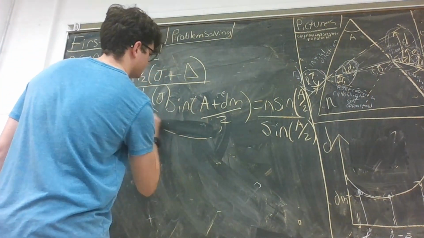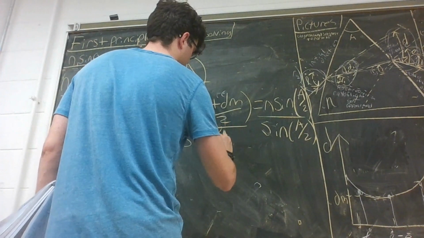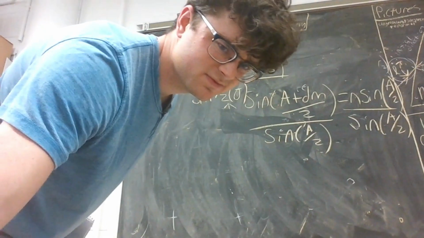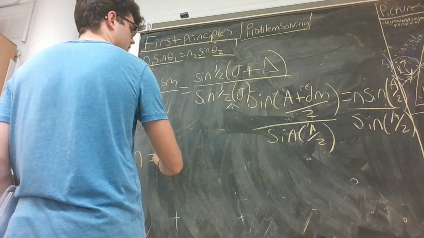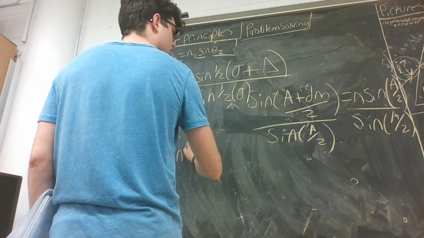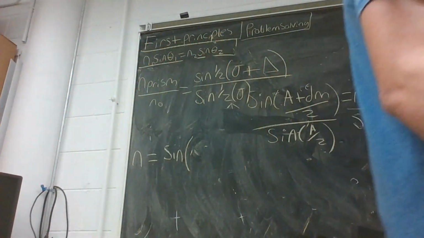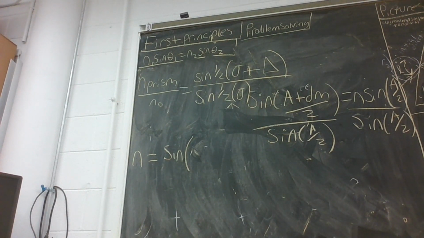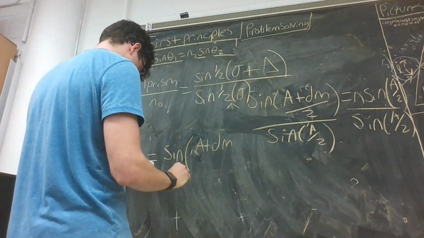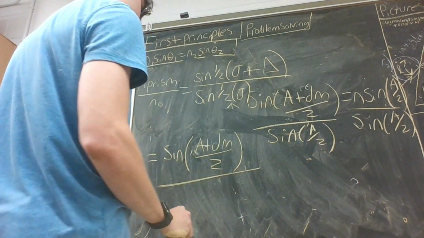So erase this. And then after we do that, it's going to be n equals sine of A plus dm over 2, over sine A over 2.